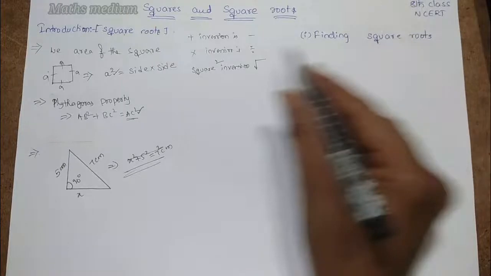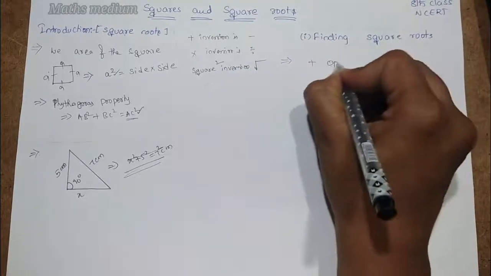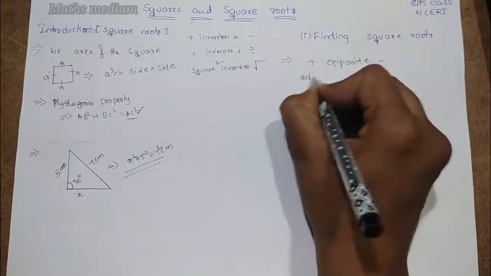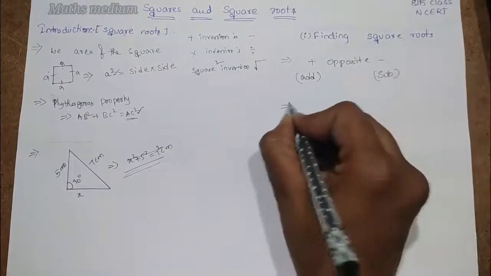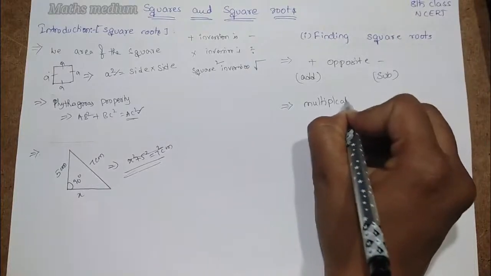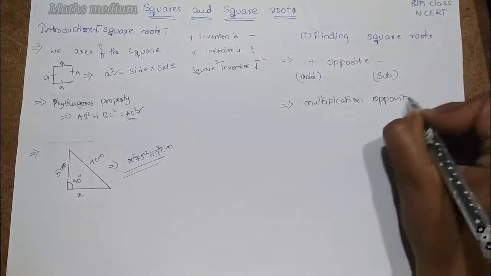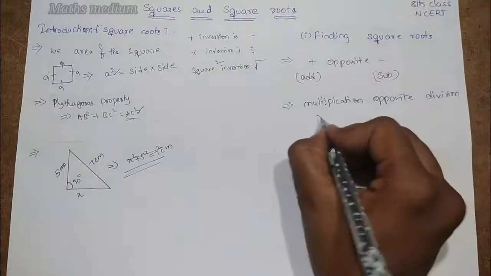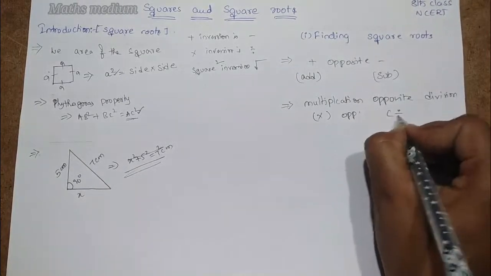How to find square roots? I already explained here: plus is opposite to negative. That means addition is opposite to subtraction, right? Similarly, multiplication is opposite to division, and vice versa.